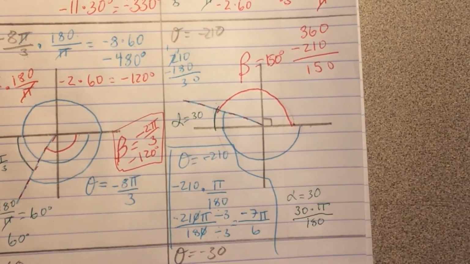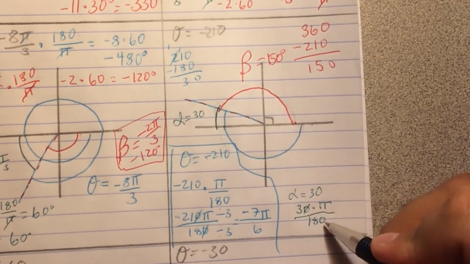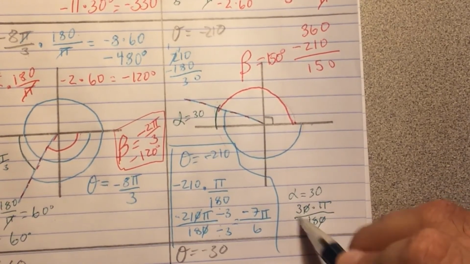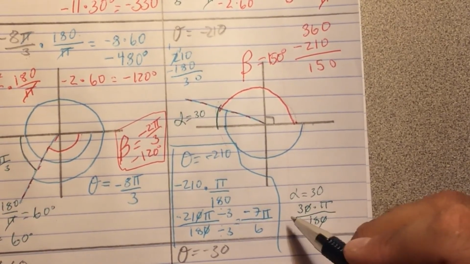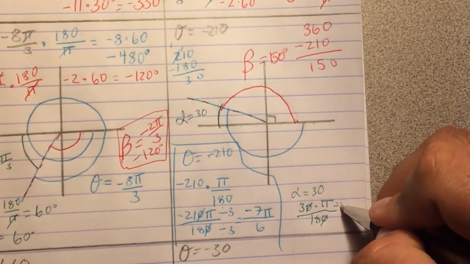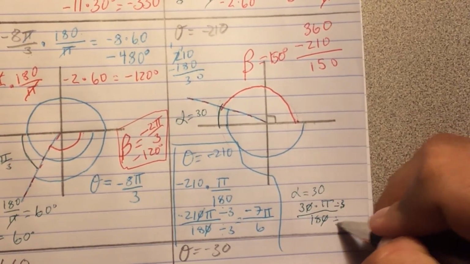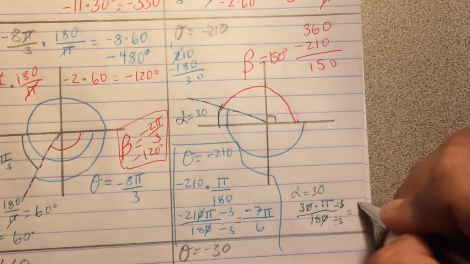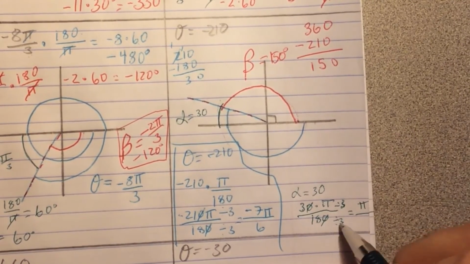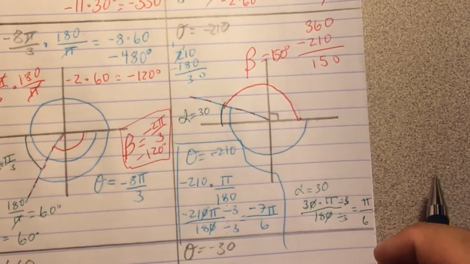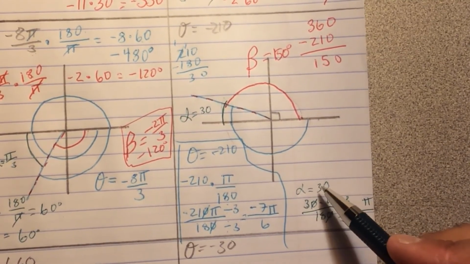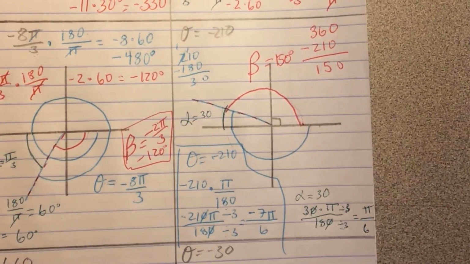We can reduce these zeros again, and then we have 3 over 18. We can divide each of these by 3 again. 3 divided by 3 is 1, so it just leaves us with pi over 18 divided by 3, 6. That gives us our pi over 6, which we know is 30 degrees because we can look at our unit circle and see that.